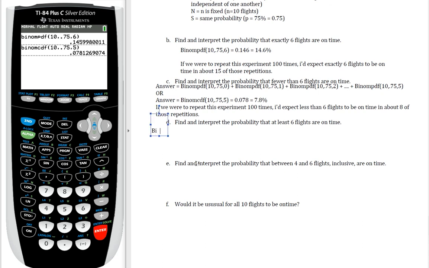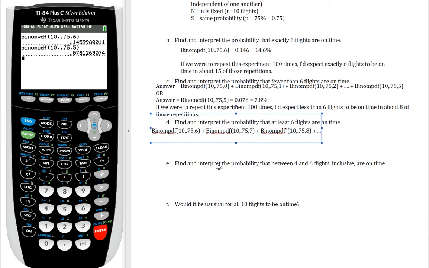I could do this by doing Binomcdf of 10, 0.75, and 6, plus Binomcdf of 10, 0.75, and 7, plus Binomcdf of 10, 0.75, and 8, and you get the gist. So I could do this all the way up to the total number of successes.